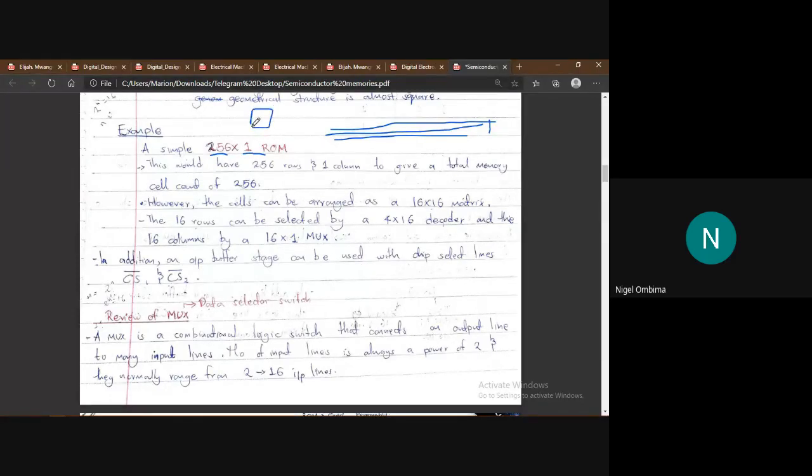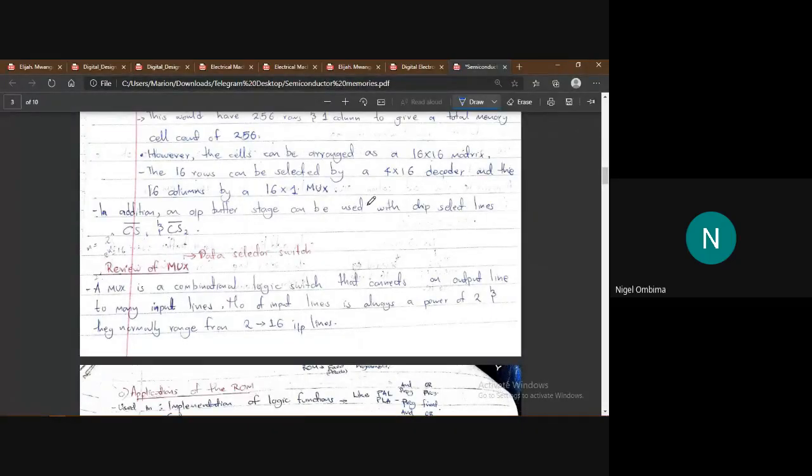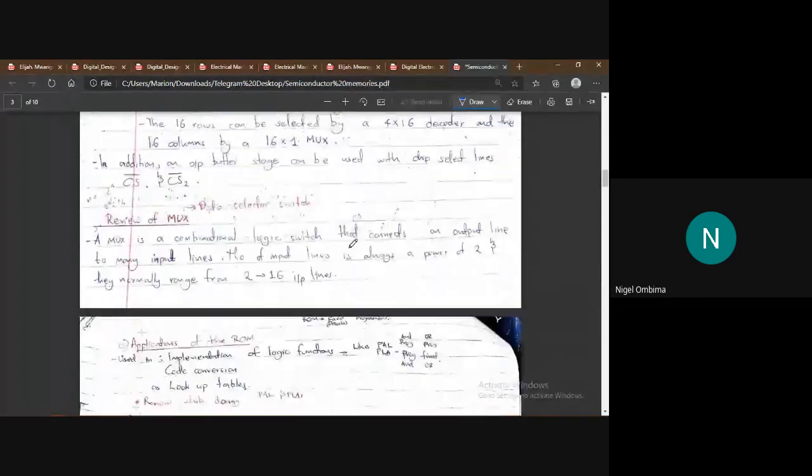But now in order to make it like this instead of like that, our matrix will be 16 by 16. We'll do an example and then you'll understand. The 16 rows will be selected by a 4 by 16 decoder, because a decoder selects rows and the multiplexer selects columns.